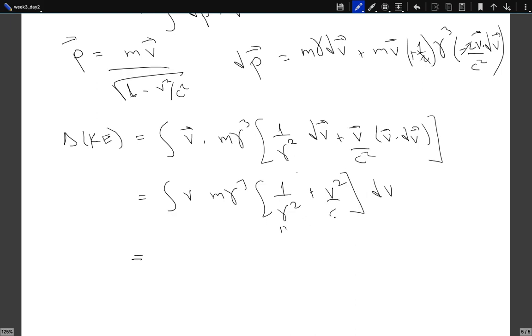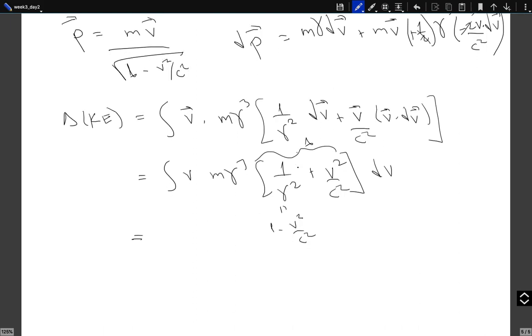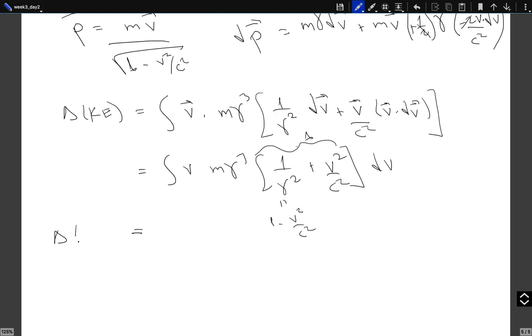Well, 1 over gamma squared is 1 minus v squared over c squared. So if I just sum them up, this whole parenthesis is 1. So the change in the kinetic energy of the object will be just m times v gamma cubed dv.